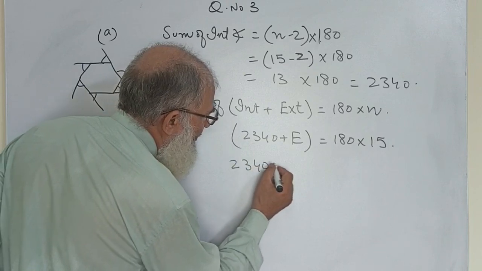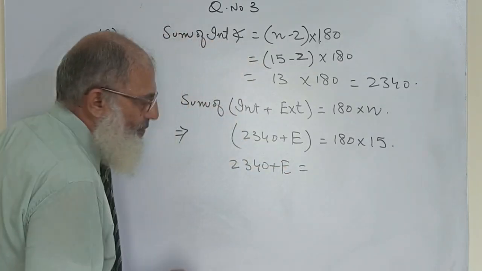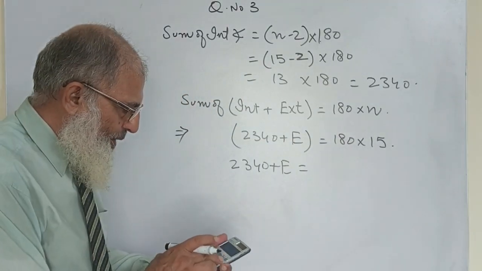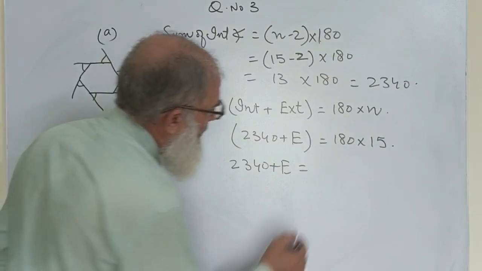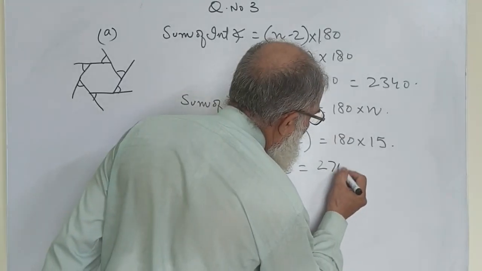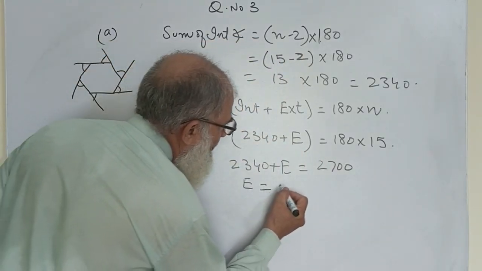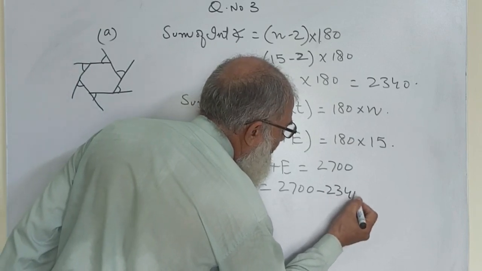इसको algebra की तरह आप इसको हल कर सकते हैं. That is equal to 15 multiplied by 180, that is equal to 2700. E is equal to 2700 minus 2340.